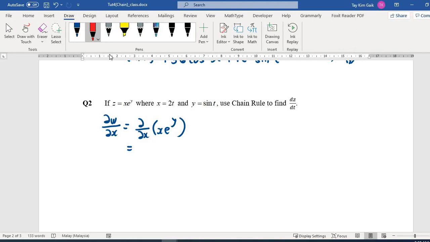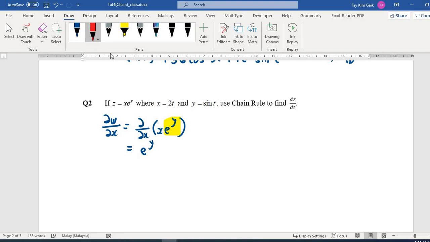So exponent y in this case is constant, so there is no need to use the product rule. If you d/dx a constant times x, your answer is the constant. For example, d/dx of 5x, the answer is 5, where the 5 here is exponent y.